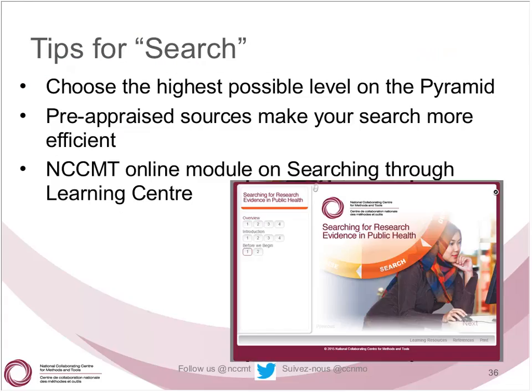There are online modules there on all of these 7 steps in the process, including searching. So if you want to build some skills related to searching, this online module will probably take you 3 hours or so. They're free, and lots of capacity building is possible through those online modules.